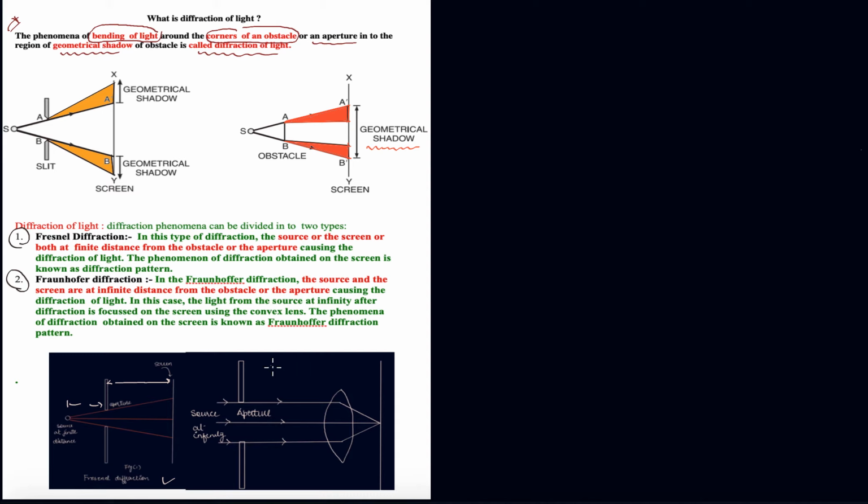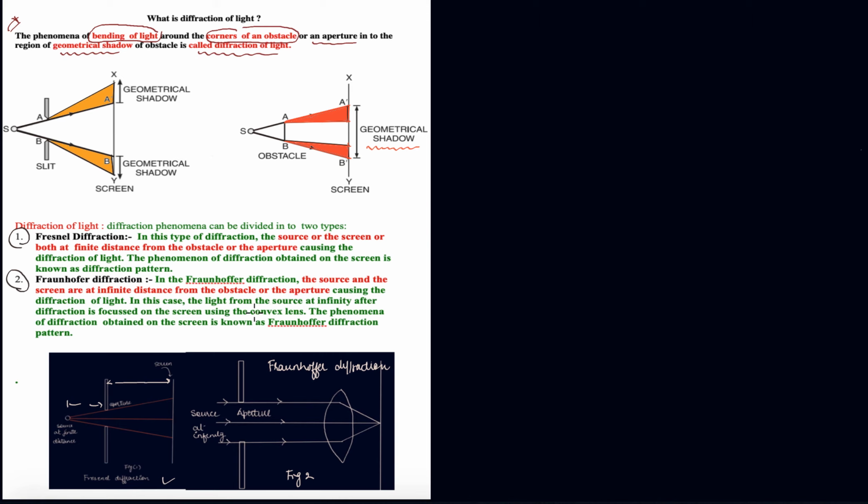And in another case, in Fraunhofer class of diffraction, this is Fraunhofer diffraction in figure number 2. In this type of diffraction, the source and the screen are at infinite distance from the obstacle or aperture. इसमें जो source होगा वो infinite distance पर होगा aperture से और obstacle से, and it's causing the diffraction of light.